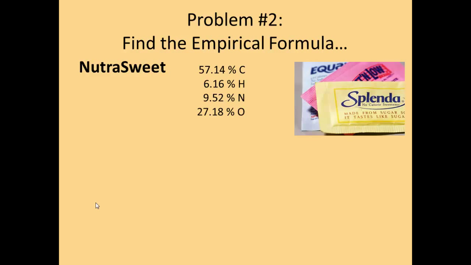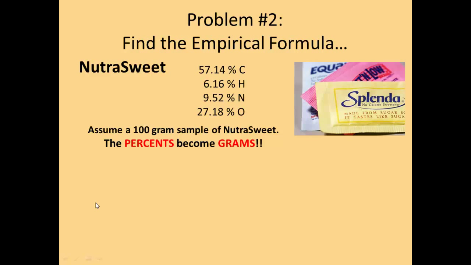If that was the case, then 57.14 grams would be coming from the carbon, 6.16 grams would come from hydrogen, 9.52 grams would come from the nitrogen atoms, and 27.18 grams would come from the oxygen. This is a really easy way to deal with percent composition. The percents simply turn into the grams.